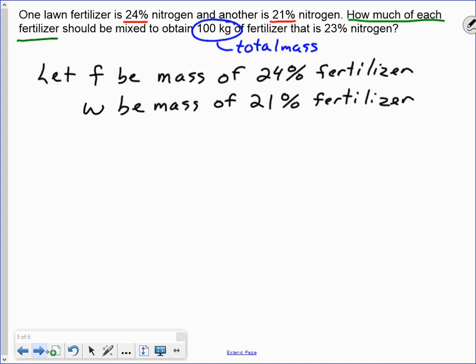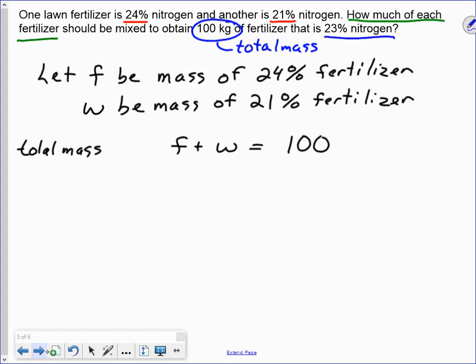So we know that for our total mass, F plus W must add up to 100. What is the other total? Well, in this resulting mixture that is 100 kilograms, we know that it is 23% nitrogen.